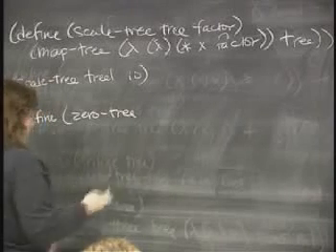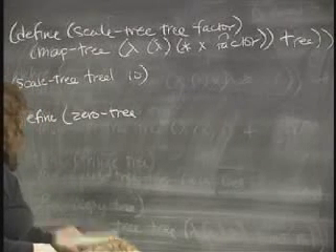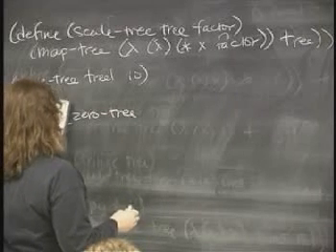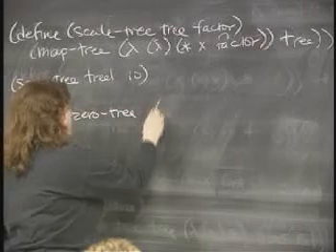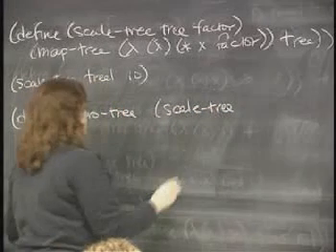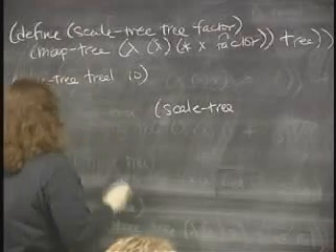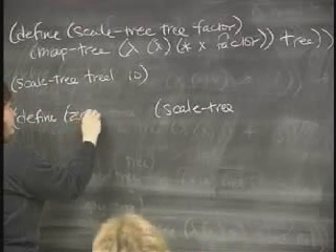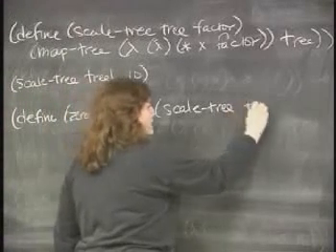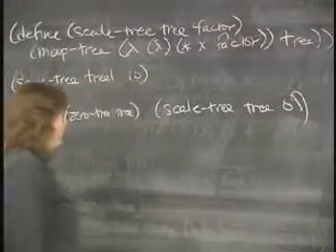So 0 tree could be defined to be scale tree. Need to pass it a tree. There you go.